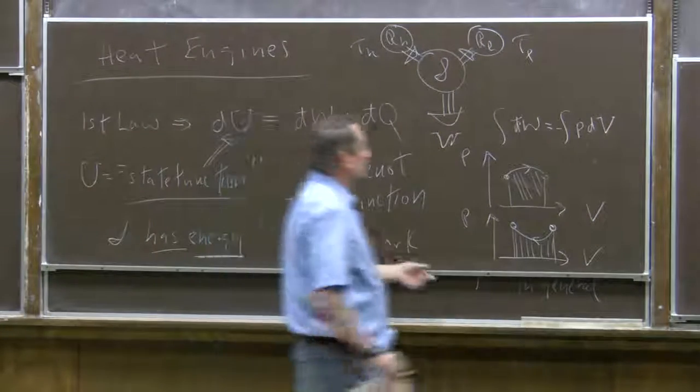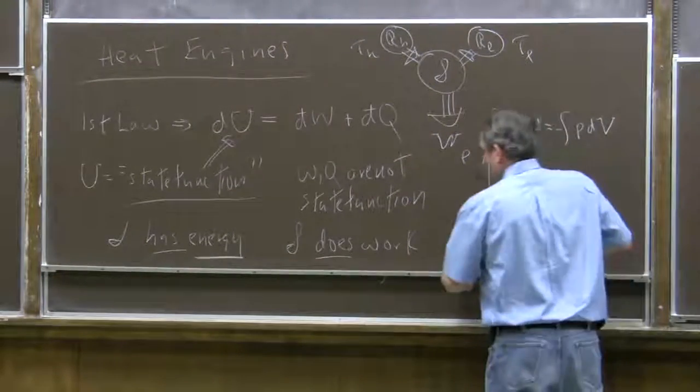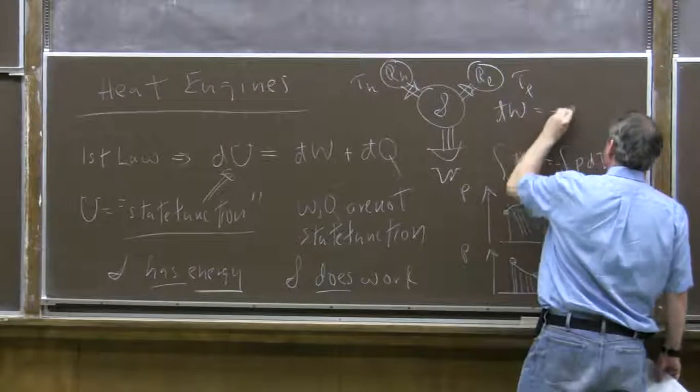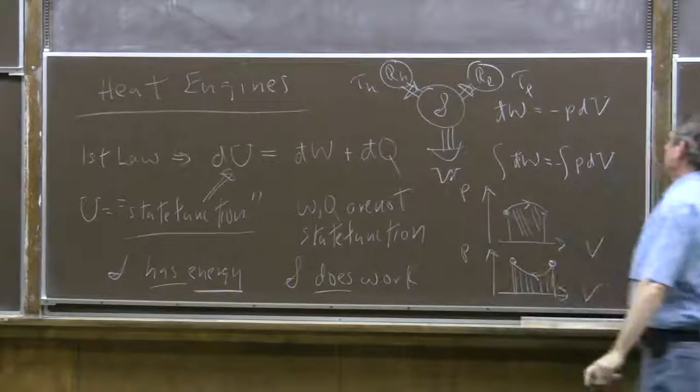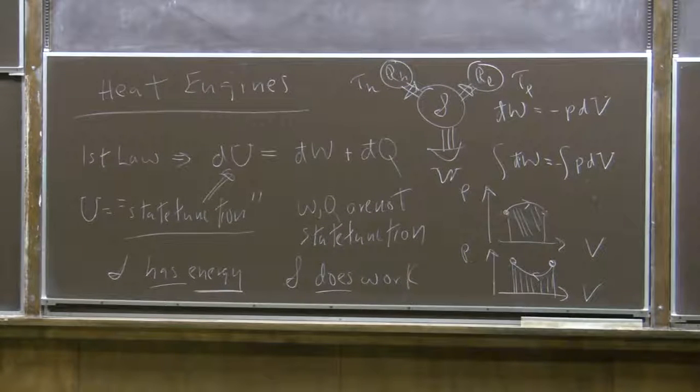And so if I want d̸W to be the work done on the system, I have to say minus p dV, so that when the system is being compressed, dV is negative and the work done on the system is positive. So this is fine. This is also right. And then this does have a minus sign, right?